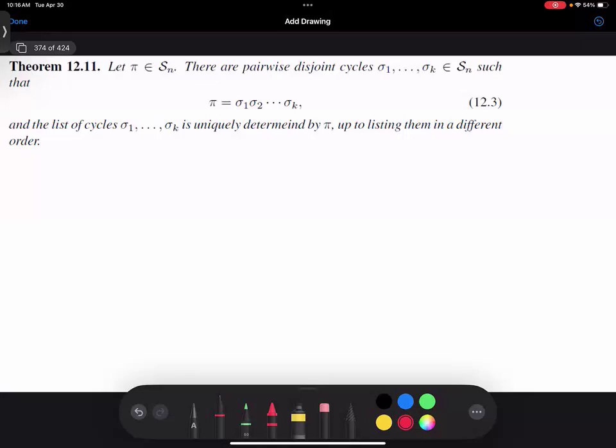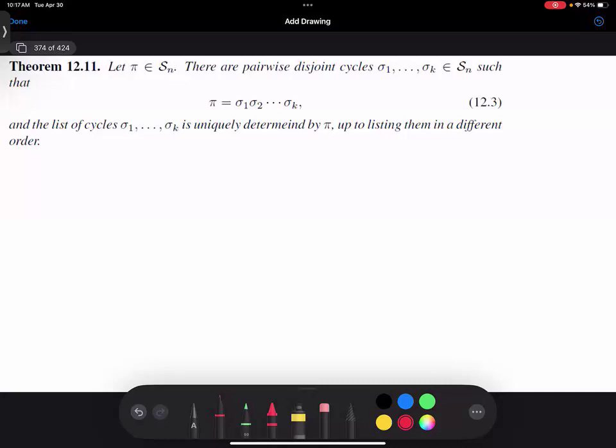If you don't like that, you could always say, for each cycle, order it so that the smallest element in the cycle comes first. So for the cycle (1 2 3), I'm going to have it starting off with what 1 does. And then if I have multiple cycles, whichever cycle has the smallest element, I'll list first. Then whichever one has the next smallest element, I could list second. I could do something like that if I really wanted uniqueness.